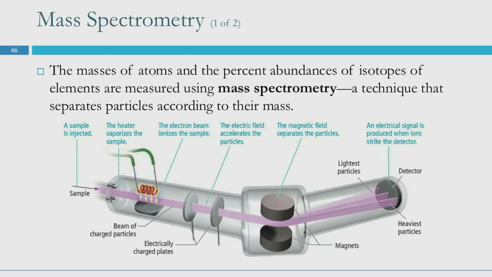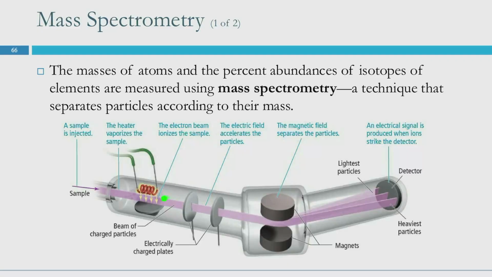Basically, a sample is introduced over here on the far left. Something heats the sample up to a really high temperature to make it gas. And then it gets hit with an ionizing beam of electrons in this component here. And that turns these gas particles into a beam of charged particles.